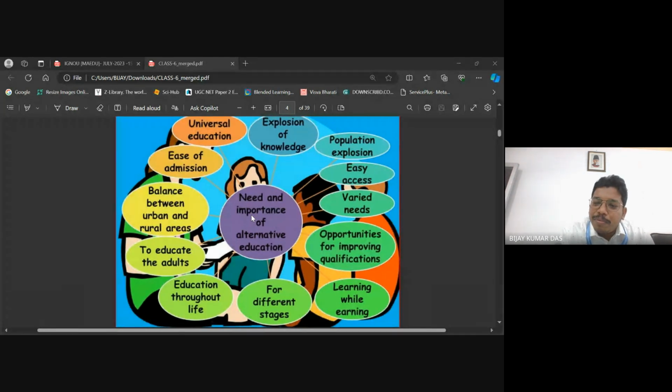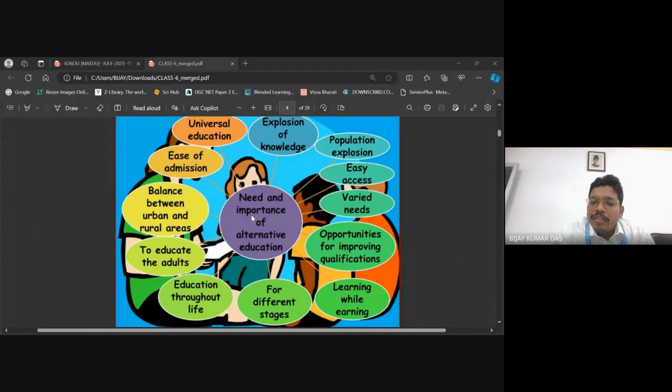Accessibility is very simple for them to have a course in an alternative method. We can say that there is a variety of needs, varied needs. Some people are interested in English, some in sociology, some in education, some in psychology.